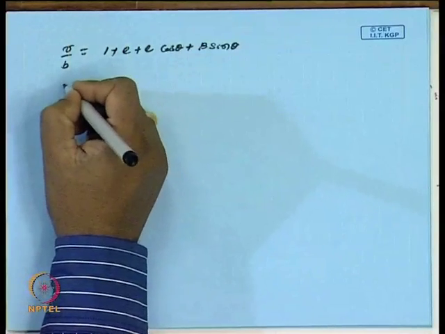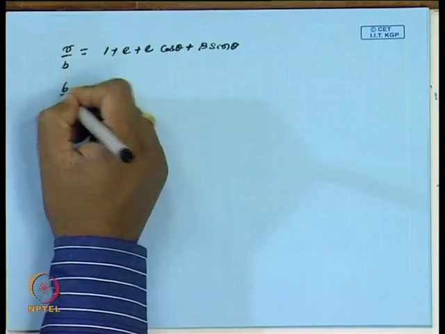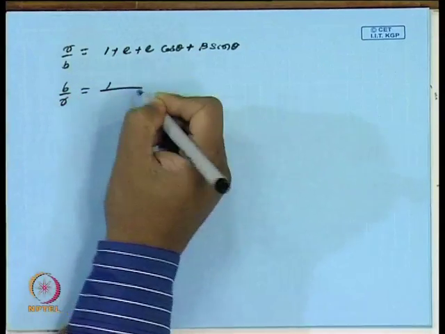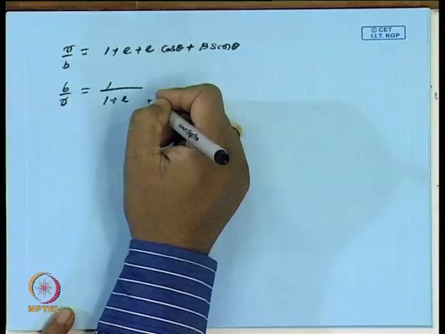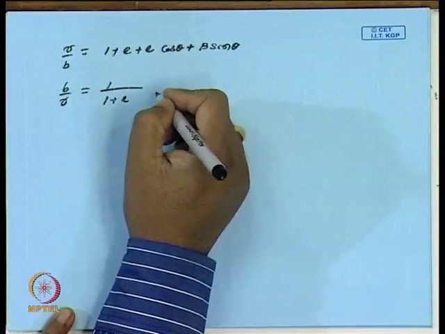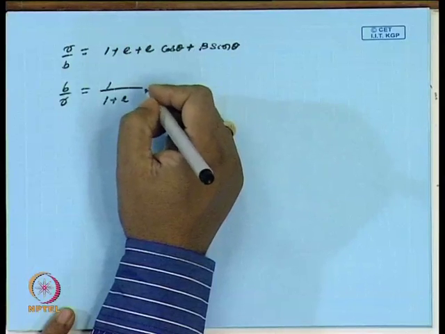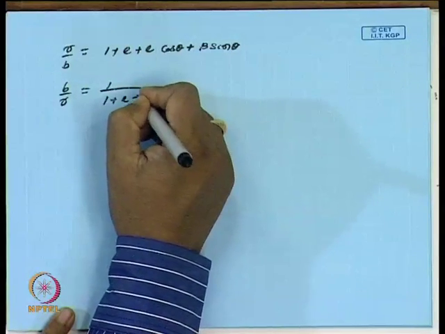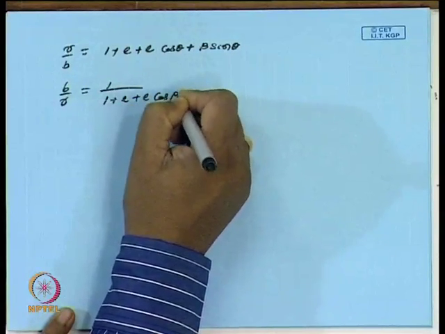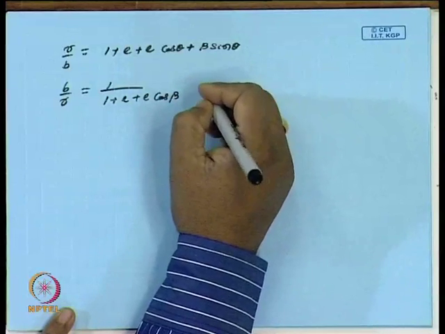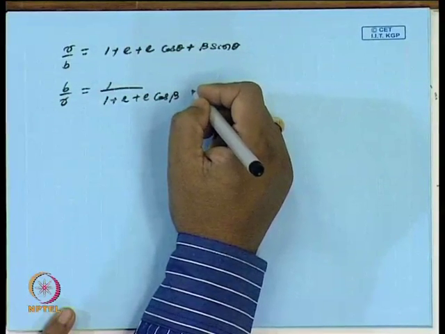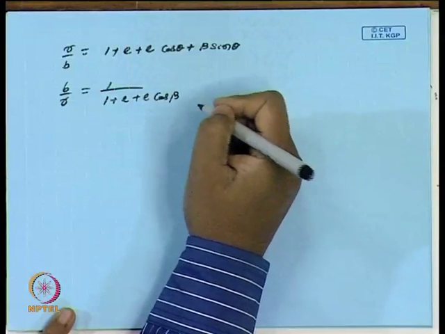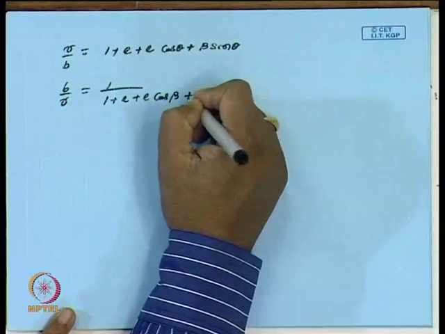In the same manner we can get B by R, which is 1 by 1 plus E plus E cos theta plus beta sin theta.